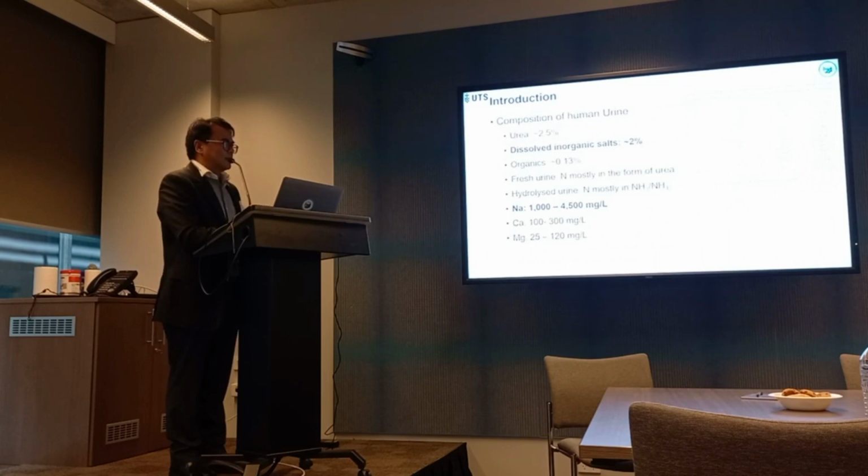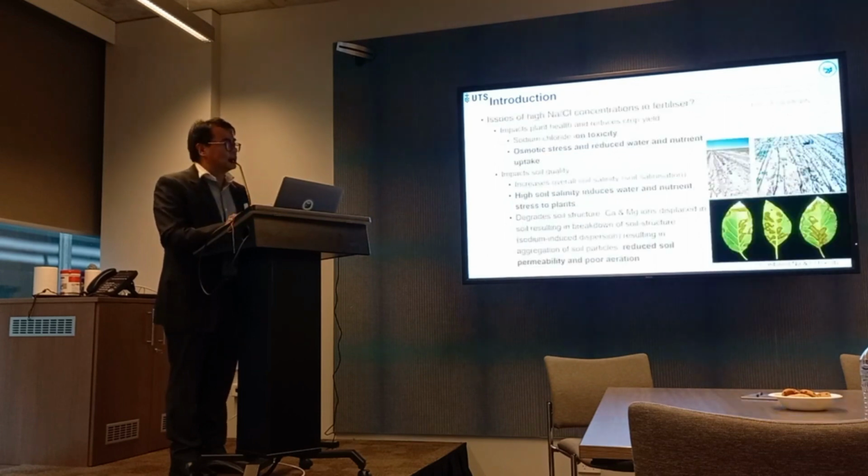But what we are interested in is the sodium, which is between 1,000 to 4,500 milligram per liter. We try to relate sodium to calcium and magnesium, as I will show later. Calcium is between 100 and 300 milligram per liter, and magnesium 25 to 120 milligram per liter.